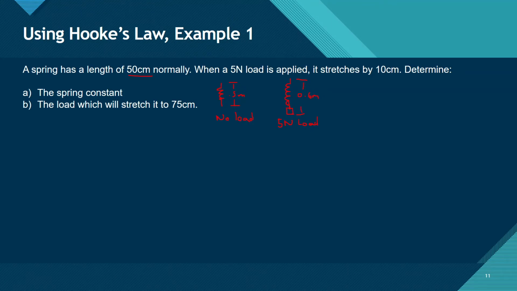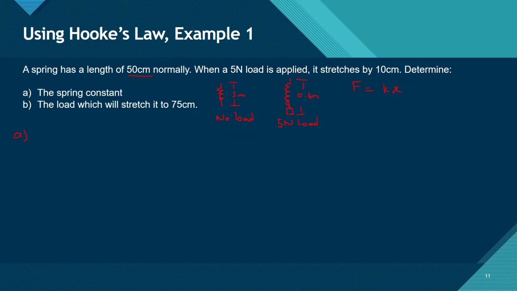Now, the final thing to consider is that Hooke's law applies. It's within its elastic region. So we can state our formula to be F is equal to Kx. Now, looking at A, in order to determine the spring constant, we look at what we have written down. You may know the units to be newtons per meter, or you may look at what they give you.